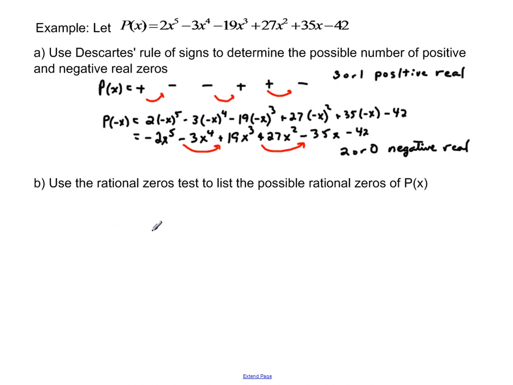What does the rational zeros test say? Well, the rational zeros test says that if we get a list of possible rational zeros in the form p over q, they will be equal to positive or negative factors of the constant term divided by factors of the leading coefficient. Our constant term is negative 42. We need factors of 42. We know that 1 is a factor of everything, so we include it on the list, but 42 is divisible by 2.